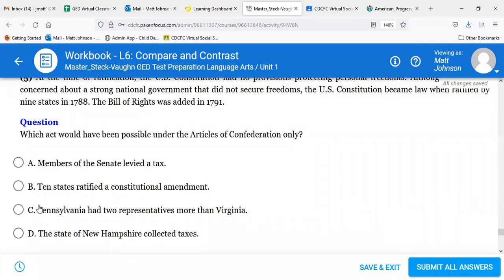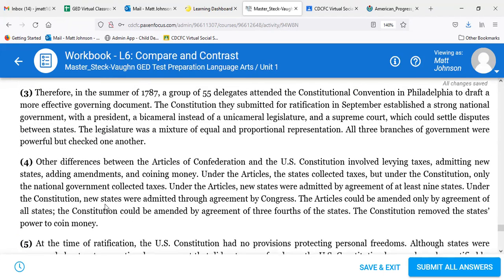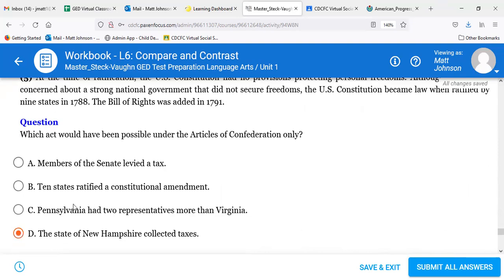So it's D. They use the state of New Hampshire as an example, but any state would have been able to collect taxes under the Articles of Confederation only. And it says up here that the U.S. Constitution involved levying taxes. So it took away the ability at that time for states to levy taxes, and that was up to the U.S. government to do so.